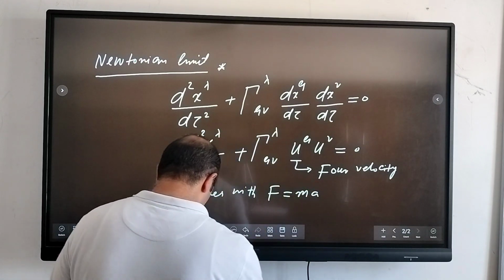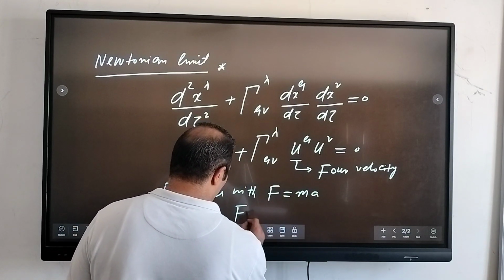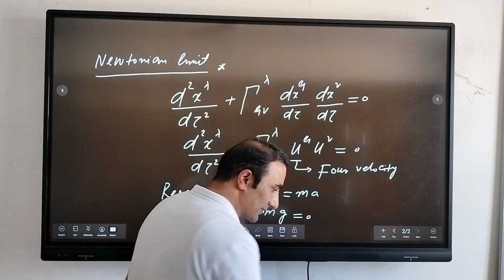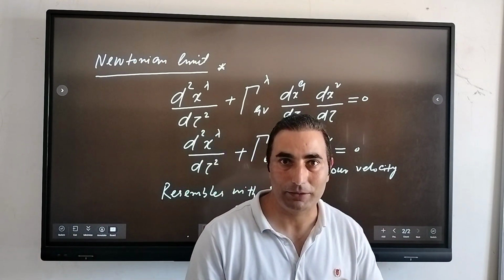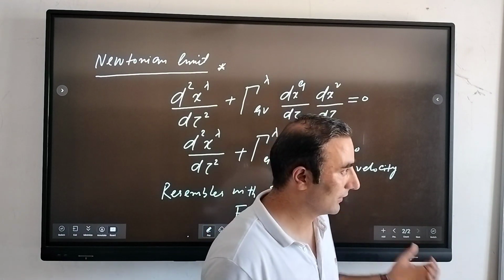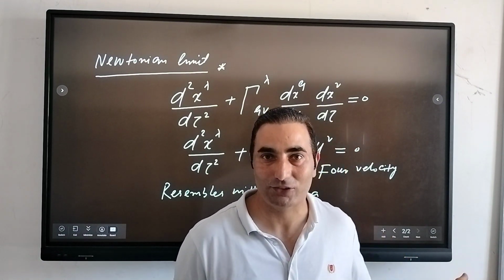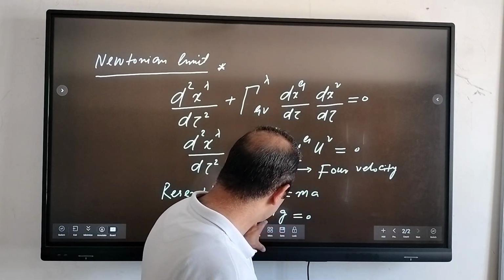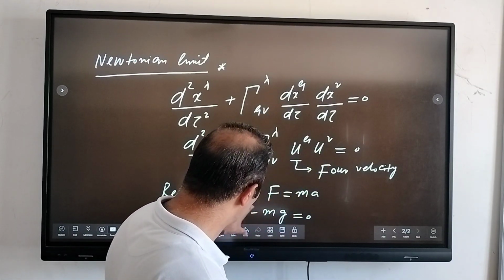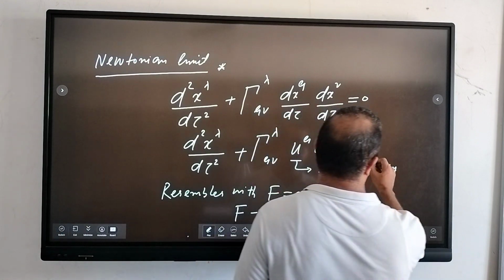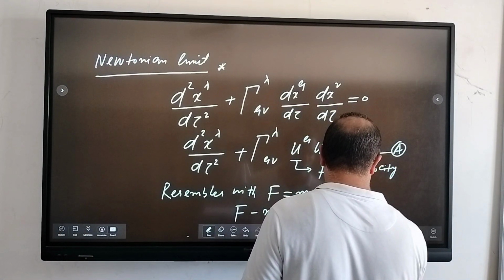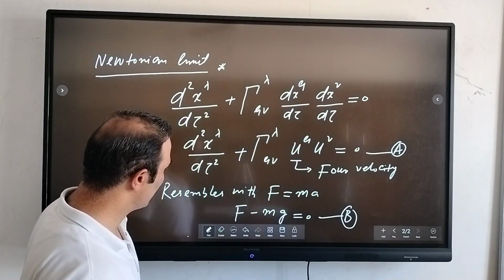Or you can rewrite this as F minus mg equal to 0, because our acceleration will be the acceleration due to gravity here, right? So that's why I put g here, right? And this is again that equation. If you compare this equation with this one, so this is our equation A. Right? Now if you compare these two equations, right?